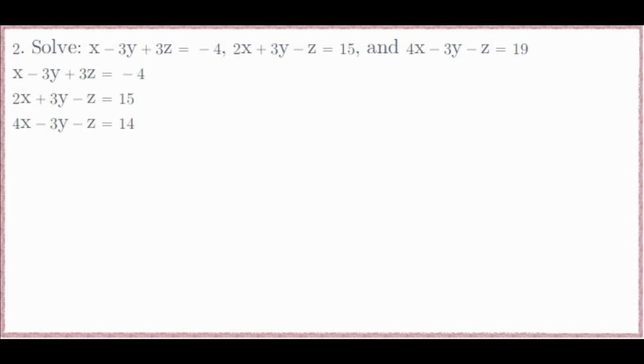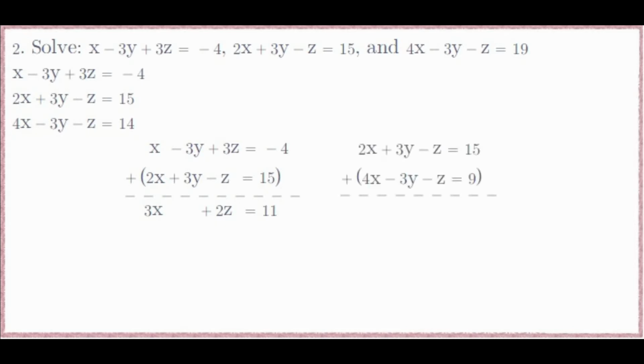In this example, we compare equations to eliminate one variable. So we can put x minus 3y plus 3z equals -4 with 2x plus 3y minus z equals 15 together, and solve this using our elimination method to get 3x plus 2z equals 11.